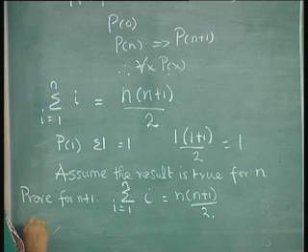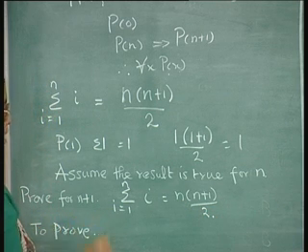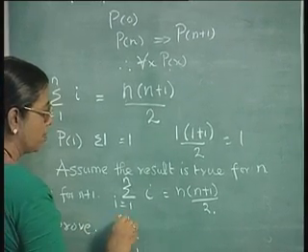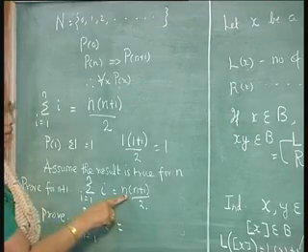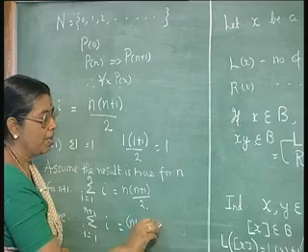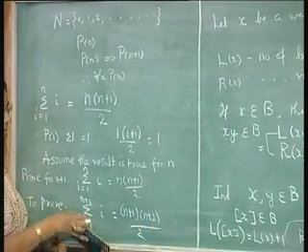Now, what you have to prove is sigma i for i equal to 1 to n plus 1 is equal to, instead of n you must get n plus 1, so you must get n plus 1 into n plus 2 by 2. So, let us see how to prove it.